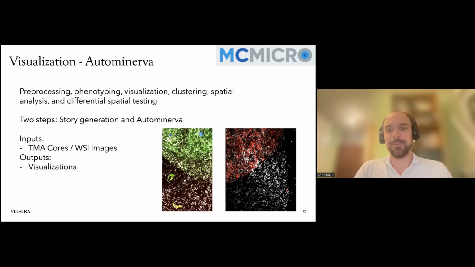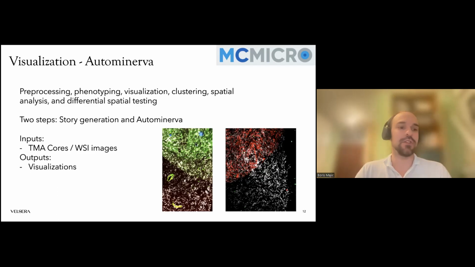Basically, AutoMinerva will not only allow you to look at different stacks of channels. So, for example, here in the left image, 3 of the channels are used and colored in different ways.